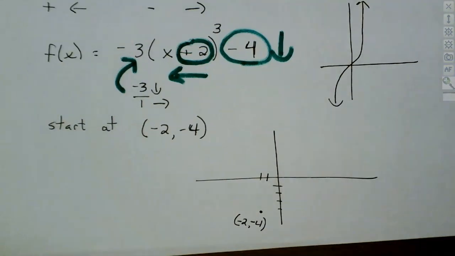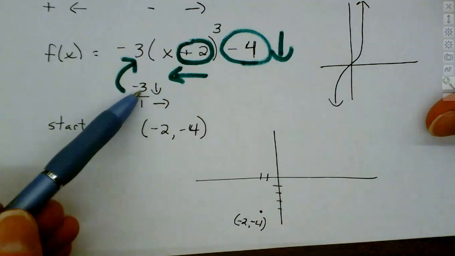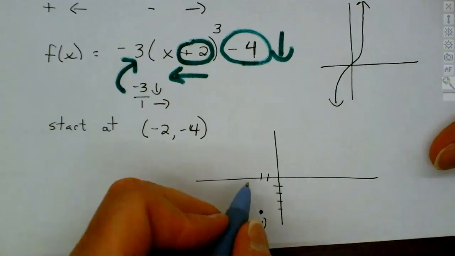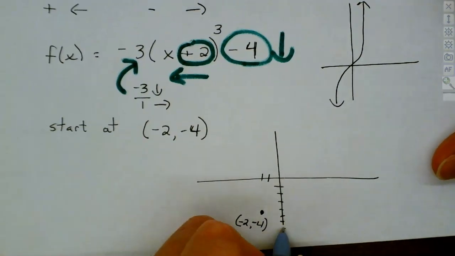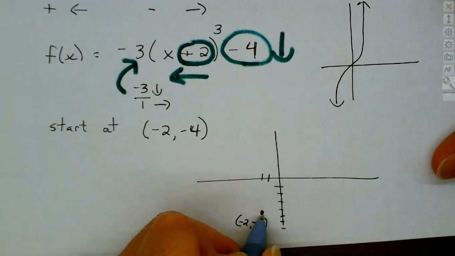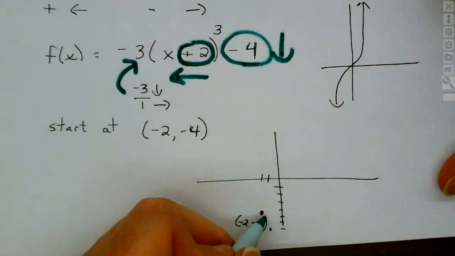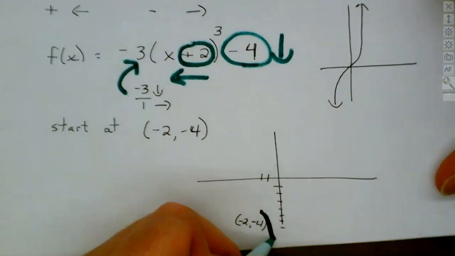And what am I going to now do from here? Look at my slope. Down 3 over 1. So this is where I start. I'm going to go down 1, 2, 3, and over 1, down 3, over about 1. Curve it.